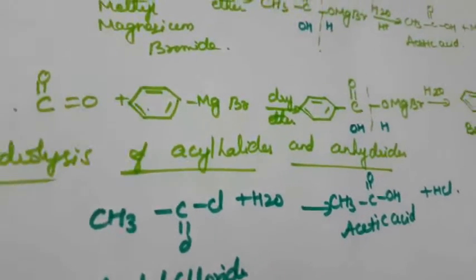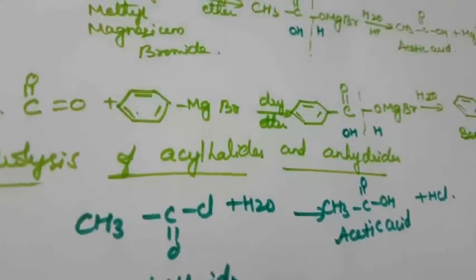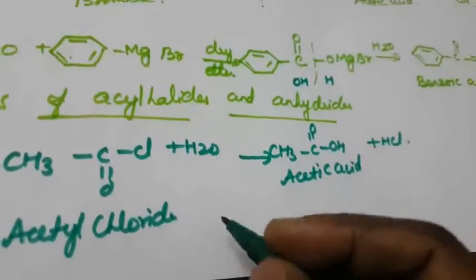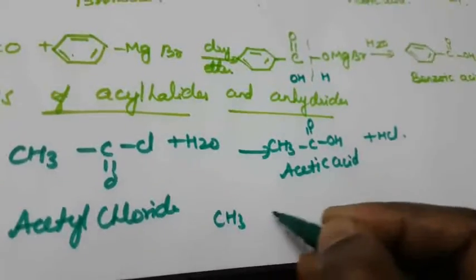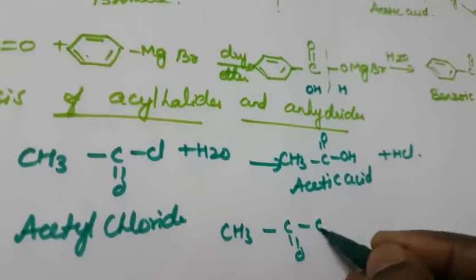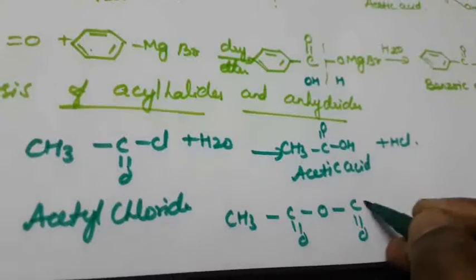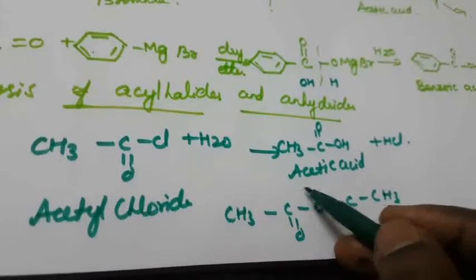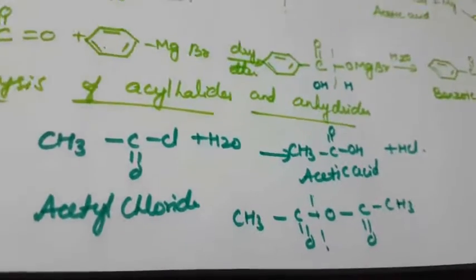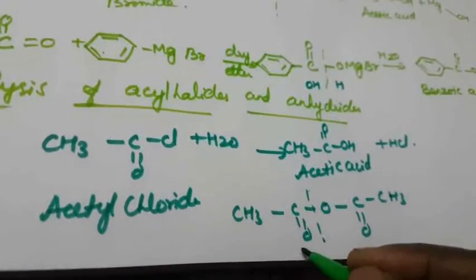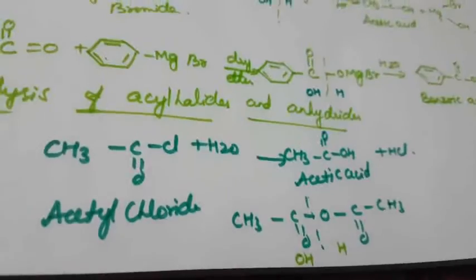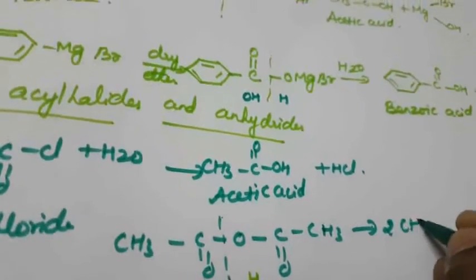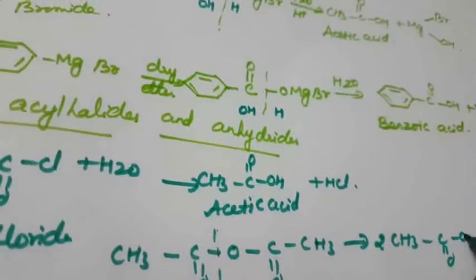Next one is acid anhydride. The anhydride is CH3 C double bond O, O, C double bond O CH3. The compound breaks down with hydrolysis: one side takes OH, the other side H, forming two molecules of acetic acid, CH3COOH.